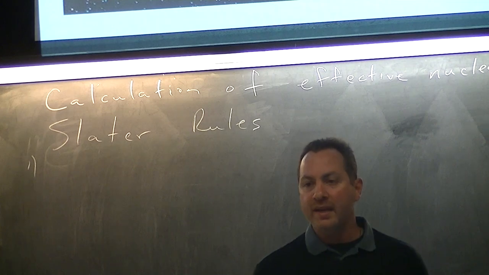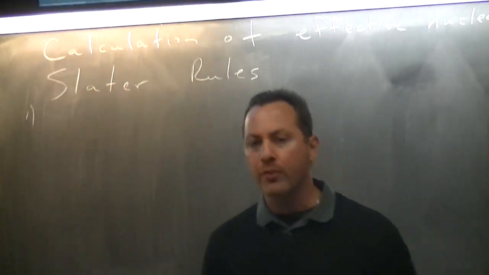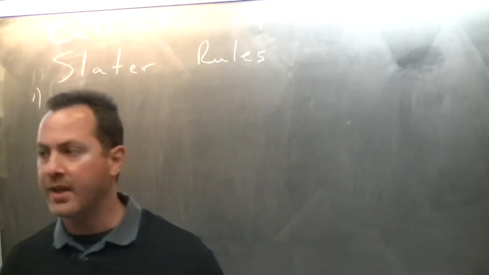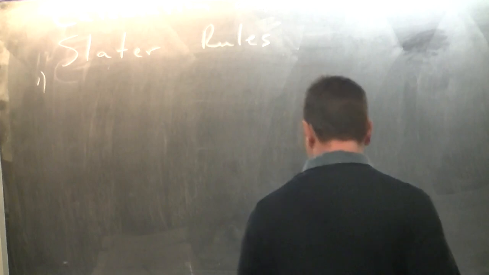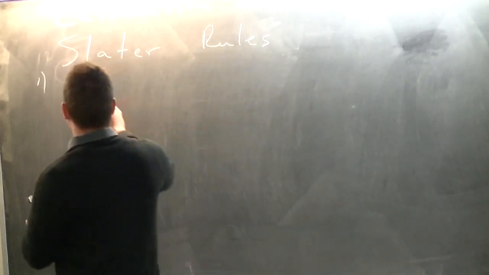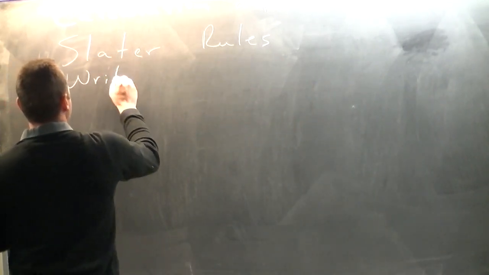The first one is that you need to write the electron configuration of your element, and then you have to group that electron configuration by groups. What I mean with that is this. Let me write this down so you can write it too.